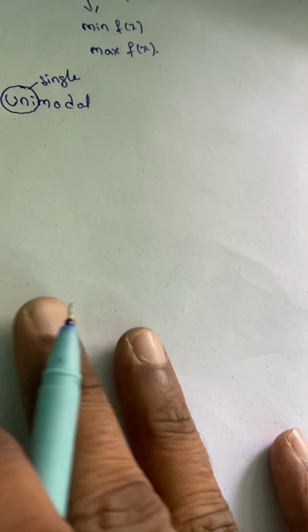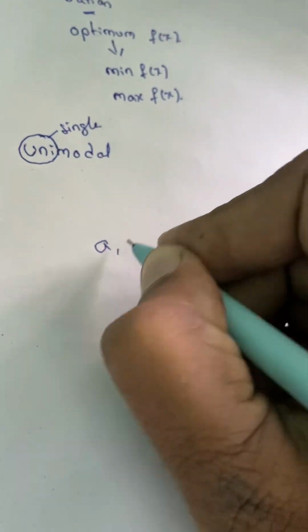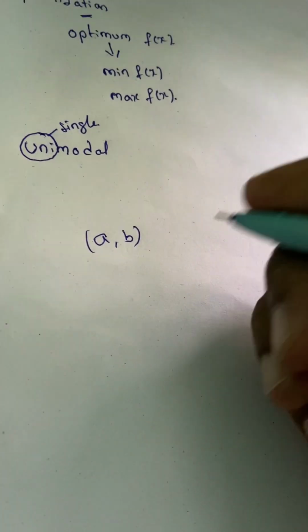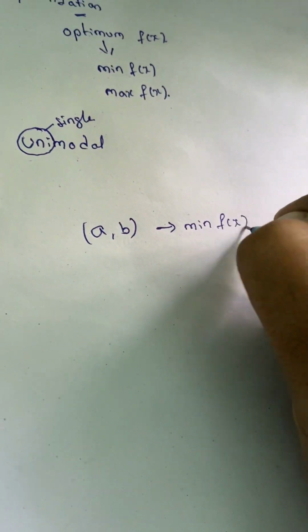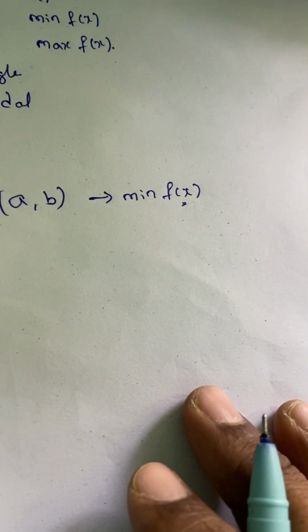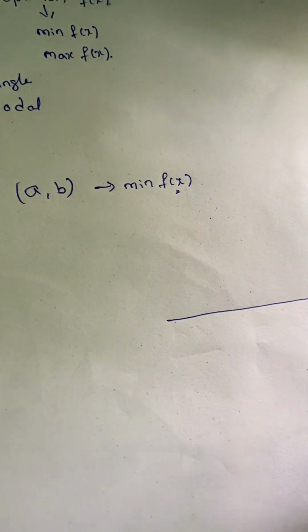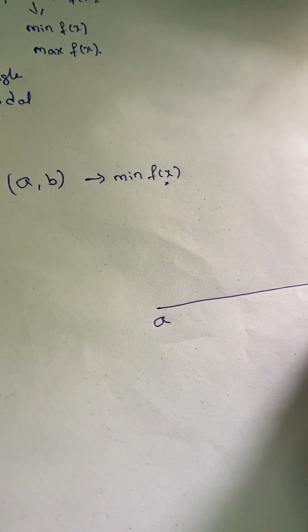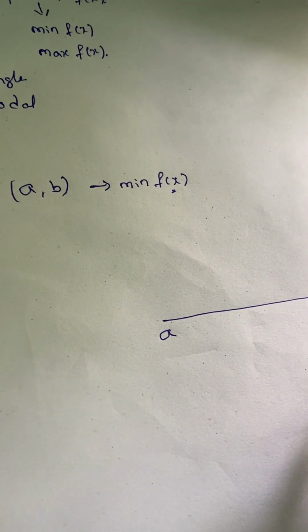How are we going to do this? For example, consider an interval a comma b in which we need to minimize the function f of x. We take the interval a comma b, in which we need to evaluate this function to find out the minimum value.